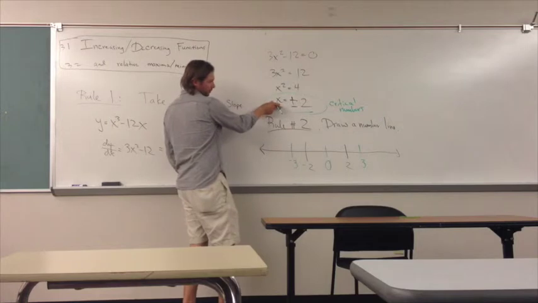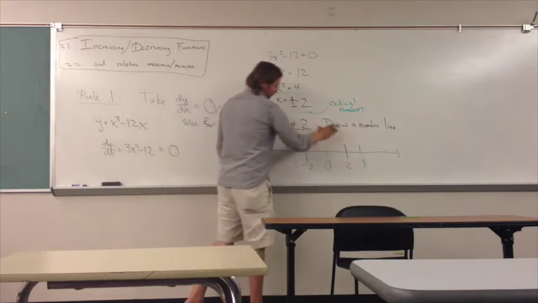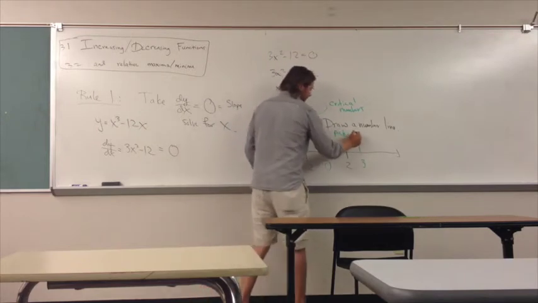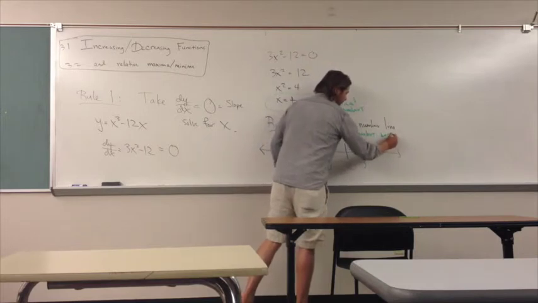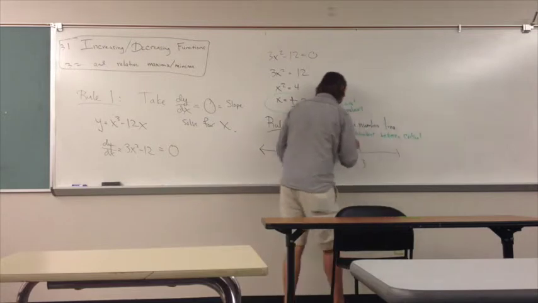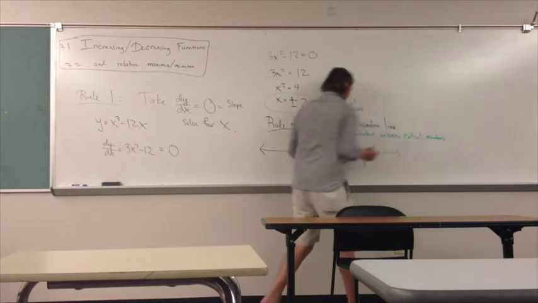So wherever the derivative was equal to 0, we'll call those the critical numbers because they're critically important. You draw your number line and you pick numbers between critical numbers. That's rule number 2.